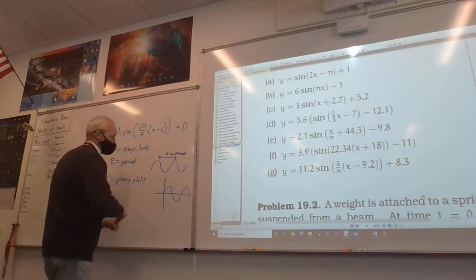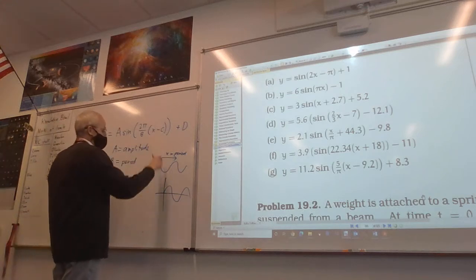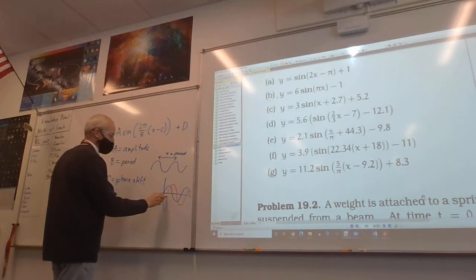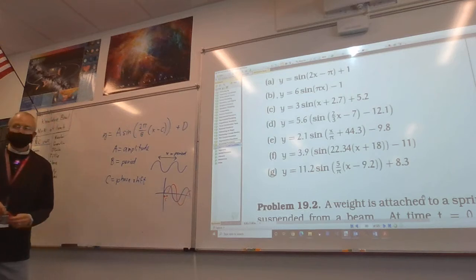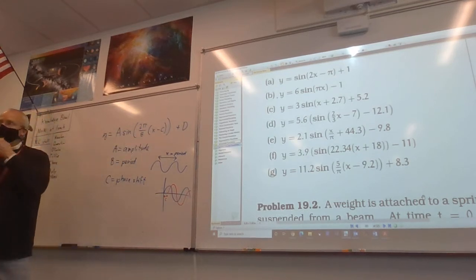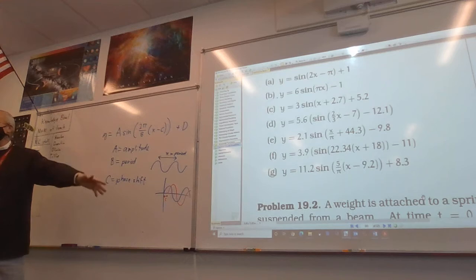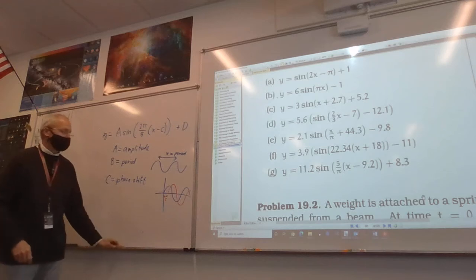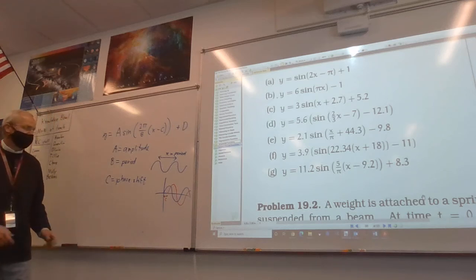So the phase shift is that letter C. It tells you how far from the normal sine wave it is shifted to the right. Since C is subtracted, it's shifted to the right. Normally you just always shift it to the right, to keep it easy. You can shift it to the left a little bit or to the right a lot. Sometimes it's easier to go plus to the left a little bit, but that's the phase shift, how far we shifted over from normal.